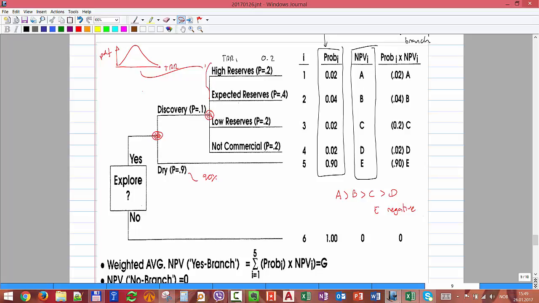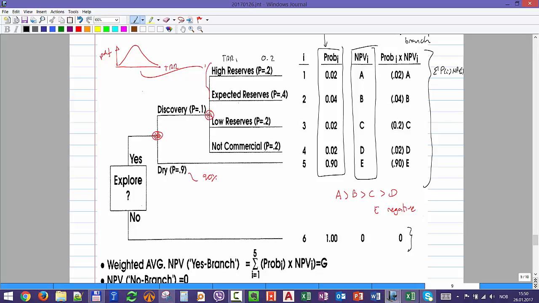Yes? Now I want to evaluate, if I'm sitting here in this node, whether to go for exploration or not. That's really what I want to know. So one way to do it is to say, if I do nothing, I just have 0. Now, what is the value of all of these options to do exploration? What is the compound or the average value of that option? For that, I just sum the probability of each option times its NPV.